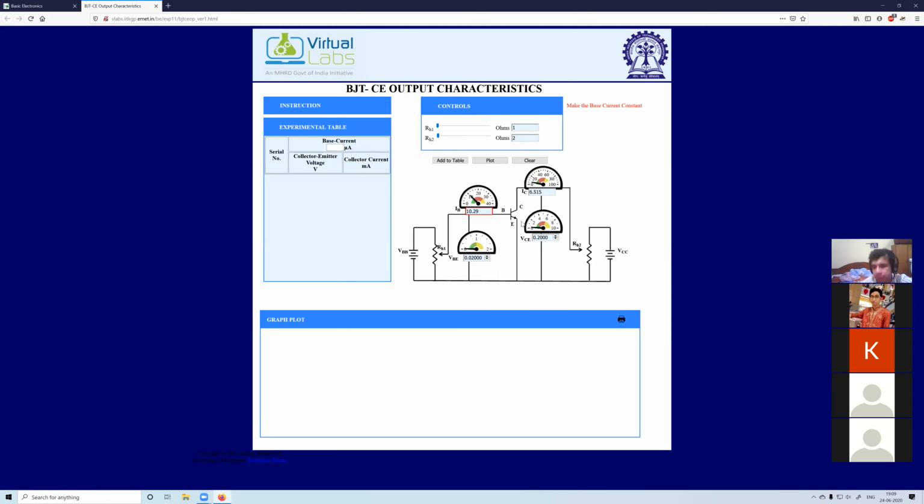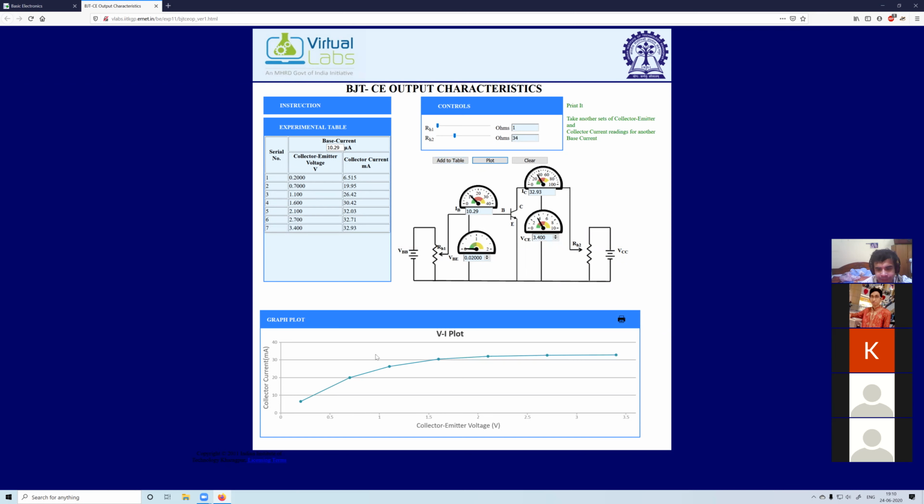I keep IB constant and I vary VC. Now I keep IB constant, which means I keep RH1 constant. I do not touch RH1. I vary RH2 so that VC changes, and I take the readings. So these are the readings for one value of IB. I am not changing IB throughout, so I'm just plotting it. So this is one curve.